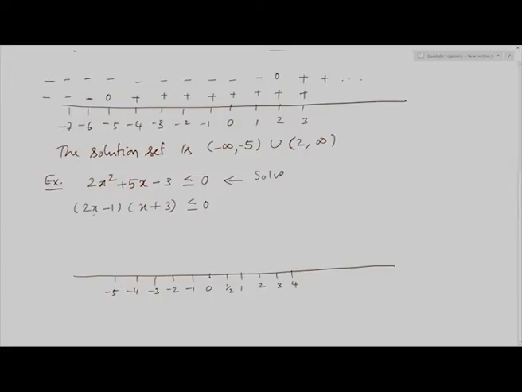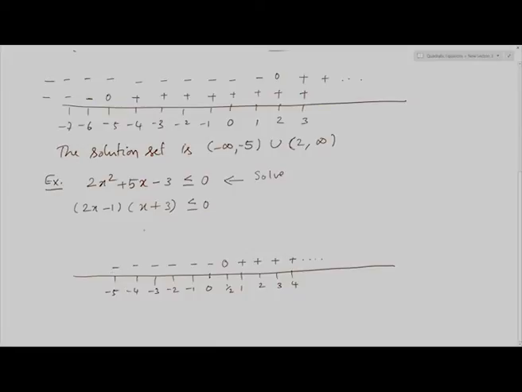Now let us start with the first factor 2x − 1. At x = 1/2 we put 0 on top, then put the plus sign on the right side of that, and on the negative side put the minus signs.